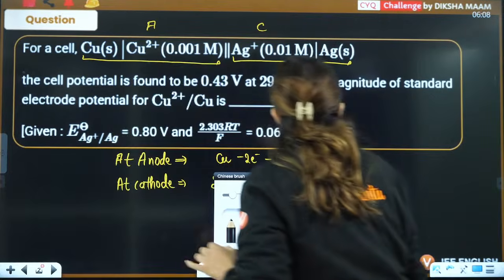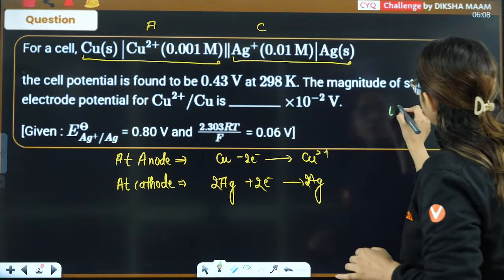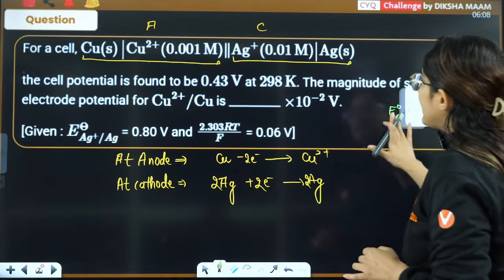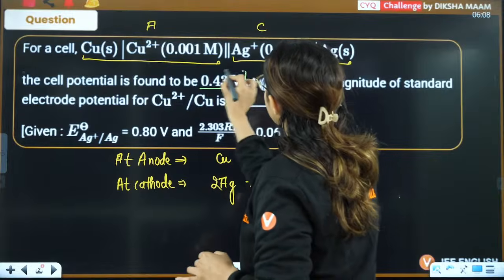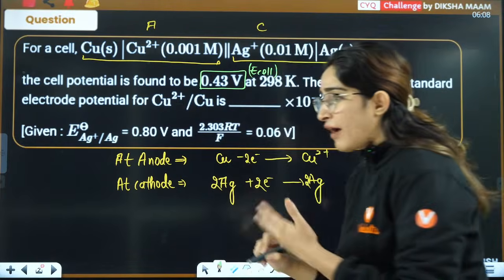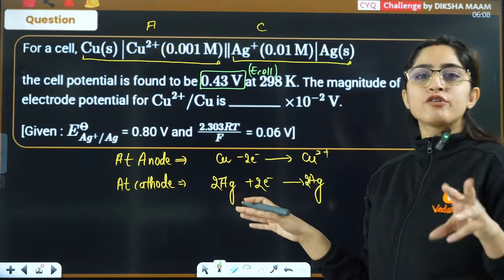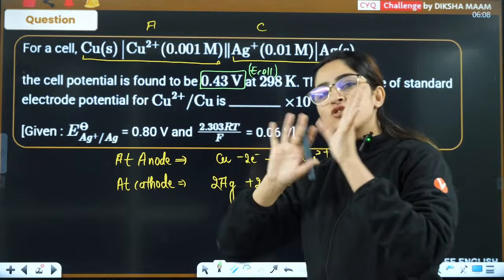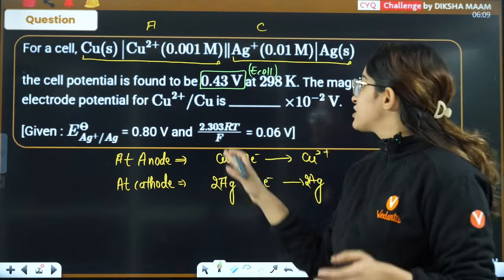Now we'll apply everything in the Nernst equation and solve for the value of E naught cell. E cell is already given to you. Why is this E cell and not E naught cell? Because they have not written it as standard electrode potential. They have written electrode potential. The cell potential is going to be this.